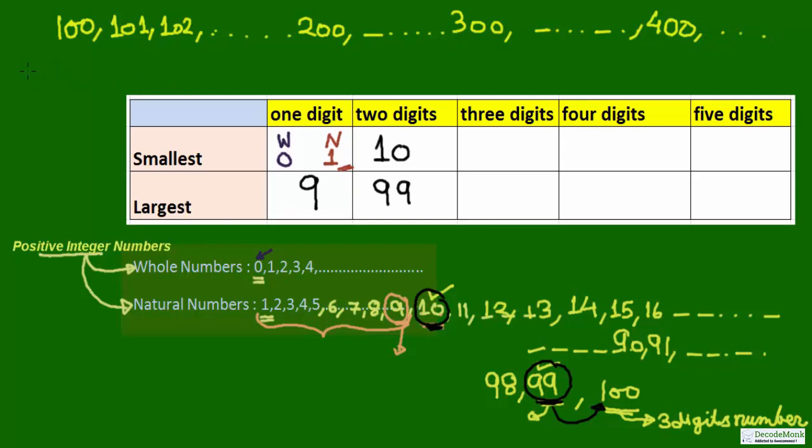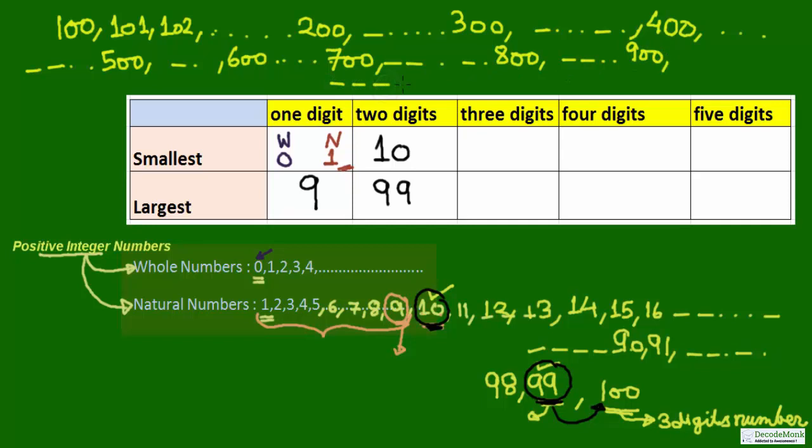Going forward, somewhere comes 500, 599, then 600, 700, 701, 702, 750, 799, and then 800, then 900, then again 901, 902, 903, 999, then comes 1000. So now let us check these three digit numbers.